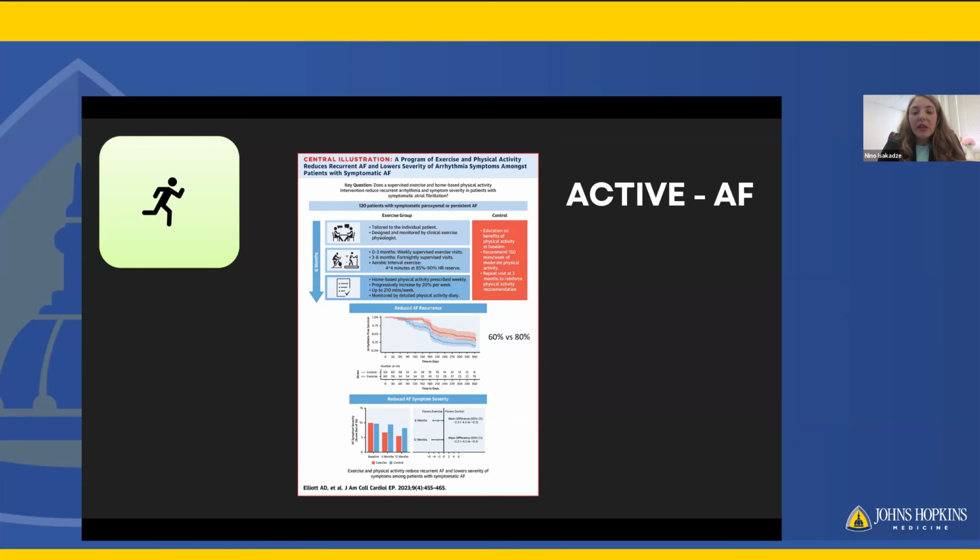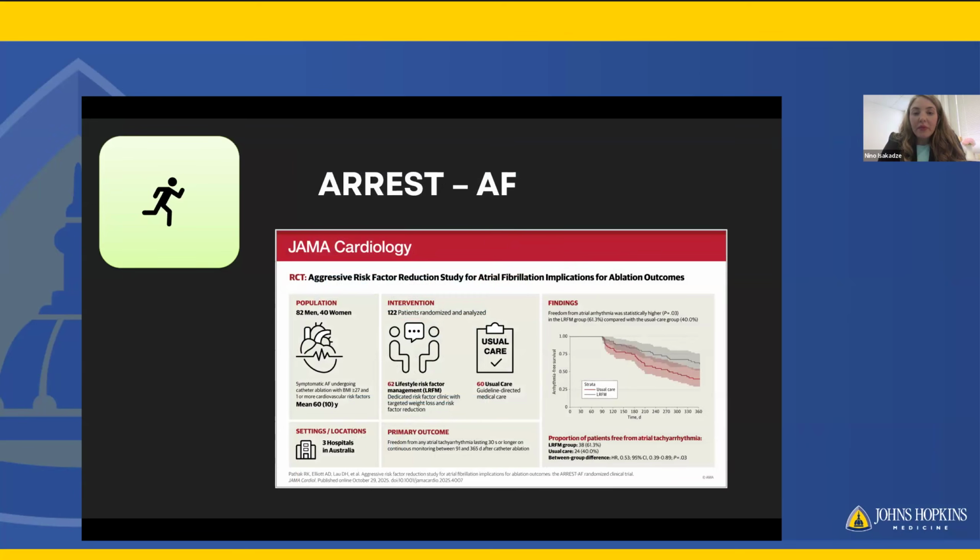And as you can see, atrial fibrillation recurrence was lower, 60% versus 80%, among people who did this exercise program and achieved the 210 minutes of exercise per week.